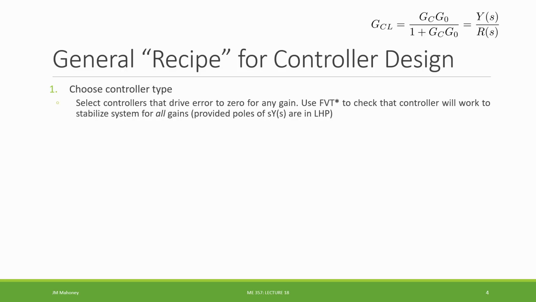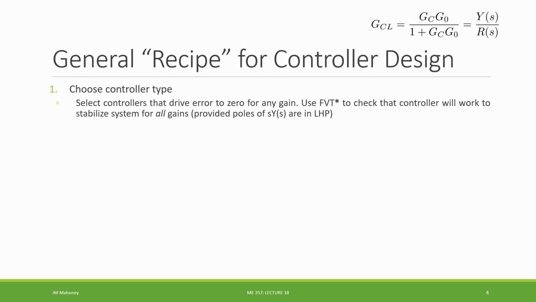And then within those that do drive the error to 0, then there's different choices that we can make. But that's the first thing we want to check. Does our steady state error go to 0? And we can do this using final value theorem, provided that all of our poles are going to be in the left half plane, which is a requirement for the final value theorem.